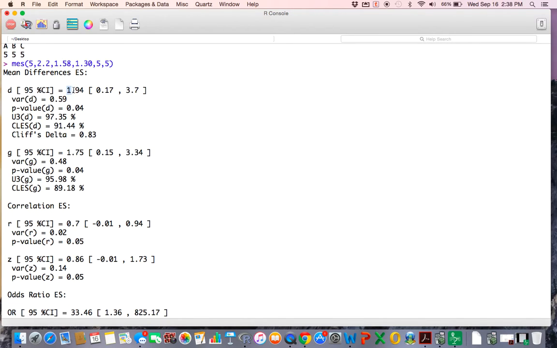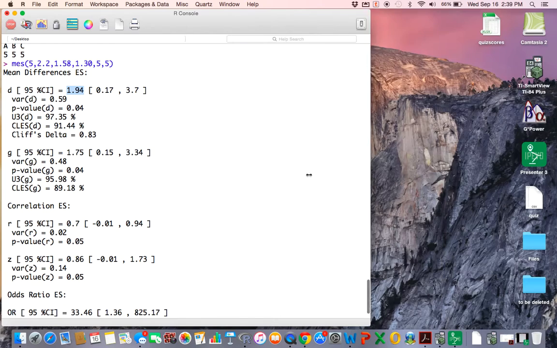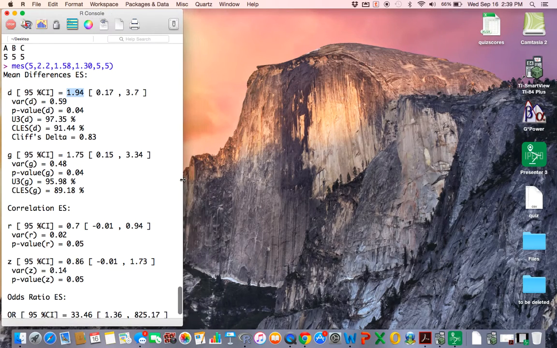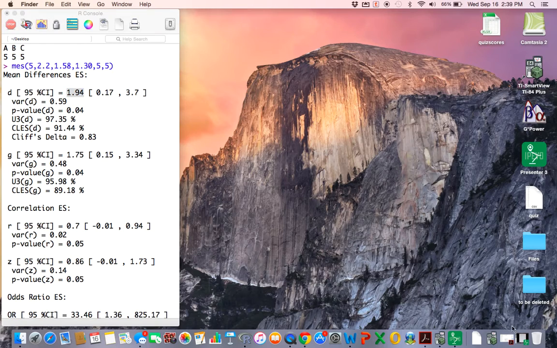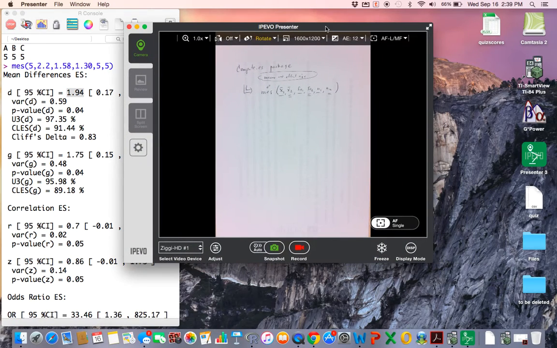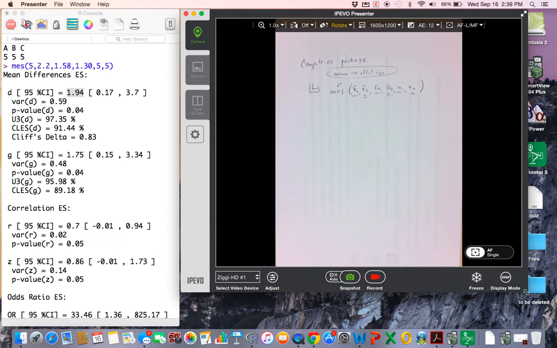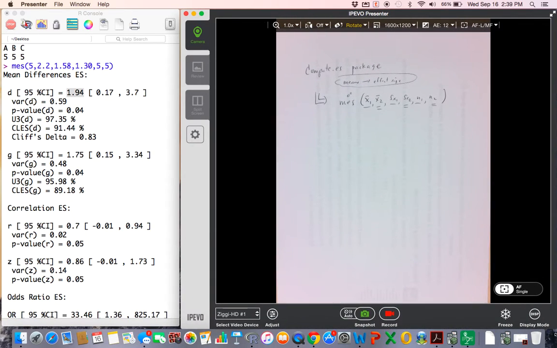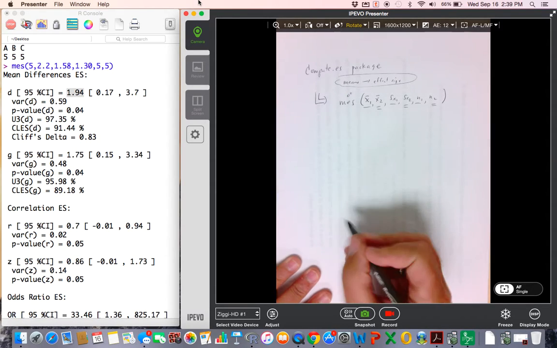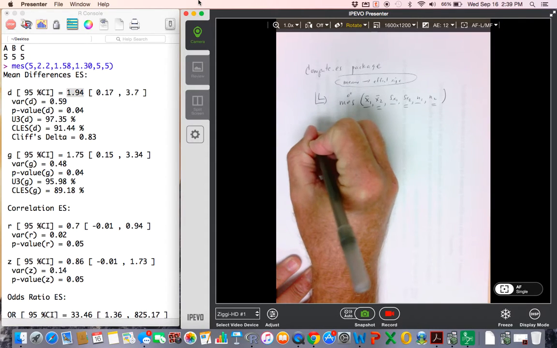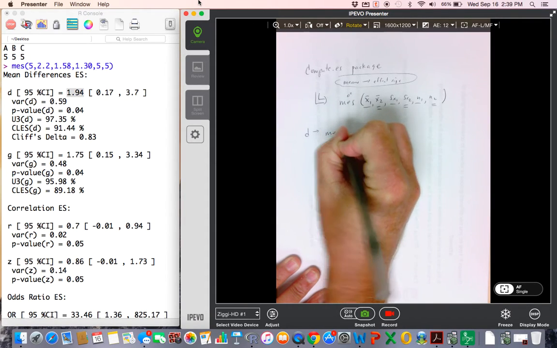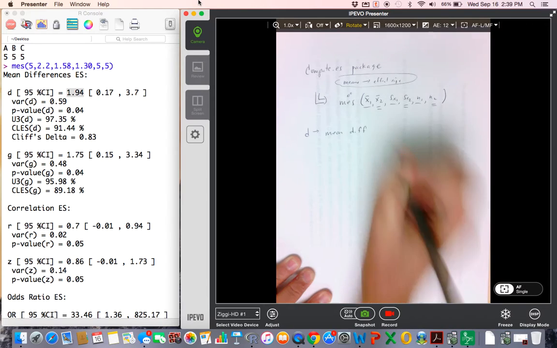First thing we need to look at is this D. Now, this stands for Cohen's D, and I want to get some split screen action going on here, so I can not only look at R, but I want to be able to do some stuff. All right, so what we have here is D gives us our mean difference.